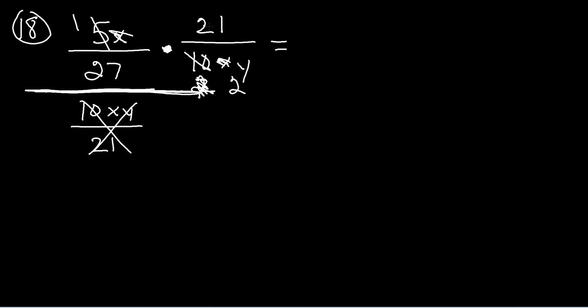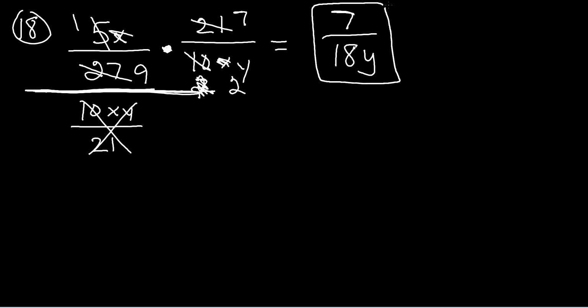I've got 27 and 21, so 3 goes into 21 7 times, and 3 goes into 27 9 times. Okay, so that means I've got a final answer of 1 times 7 is 7 over 9 times 2y, and that would give me 18y. And that looks good as it is.